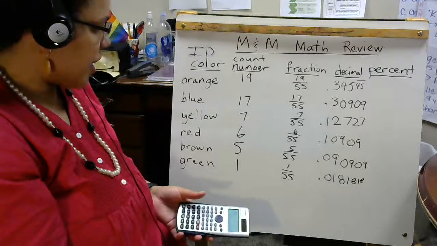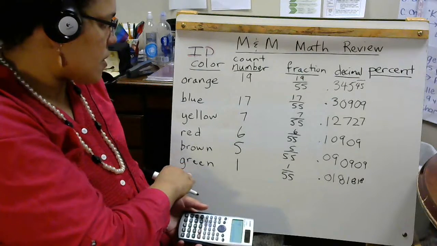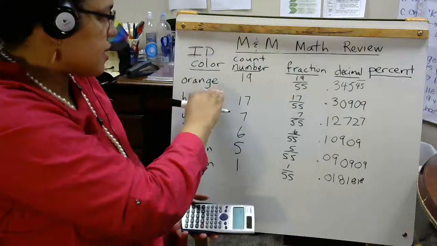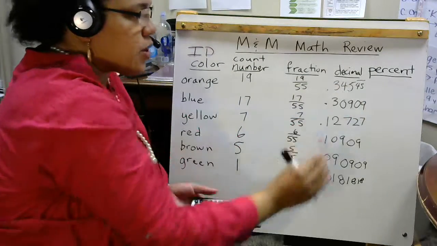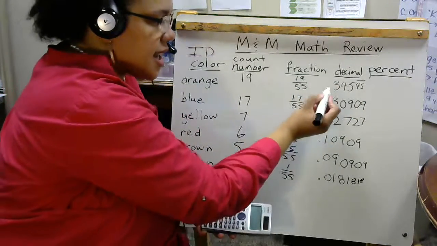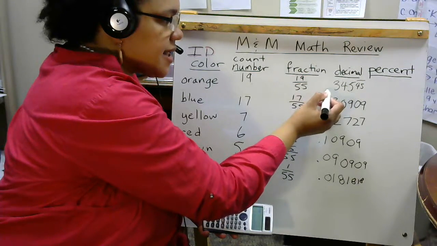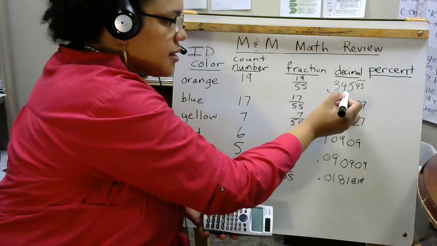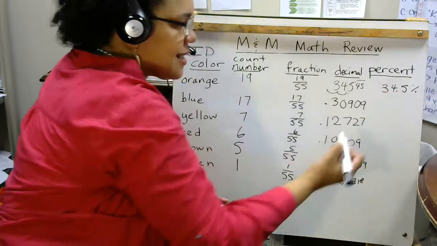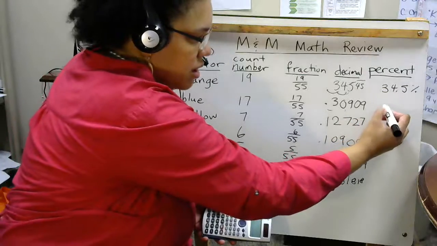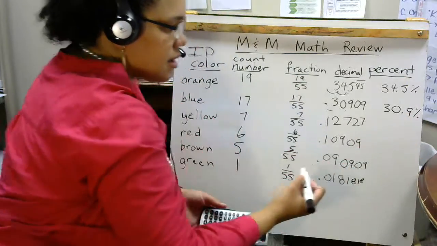All right. So we've gone from the identification of the M&Ms by color, to a count of them, to a fraction that shows them, to a decimal. The way we change the decimal to a percent is we slide our decimal place over 2 places, tenths, hundredths. So this is 34.5%. This is 30.9%.